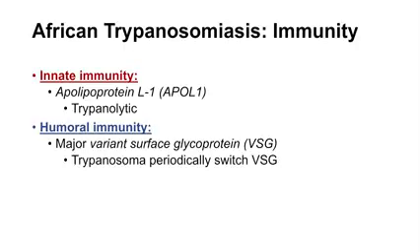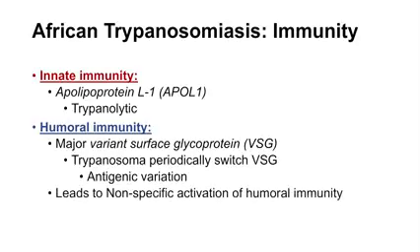So when the body of an infected individual makes antibodies to a specific variant surface glycoprotein, that trypanosoma can change or switch their VSG so that those antibodies are no longer effective. So they can continually avoid or attempt to avoid the infected person's humoral immunity response. And we call this antigenic variation.